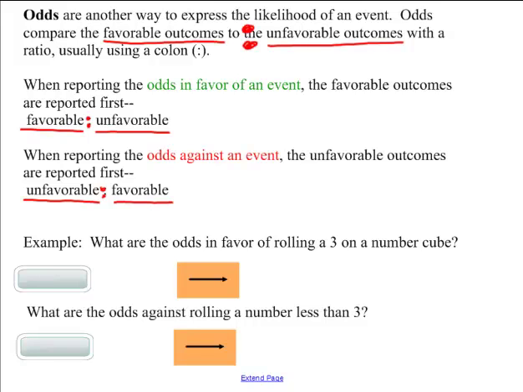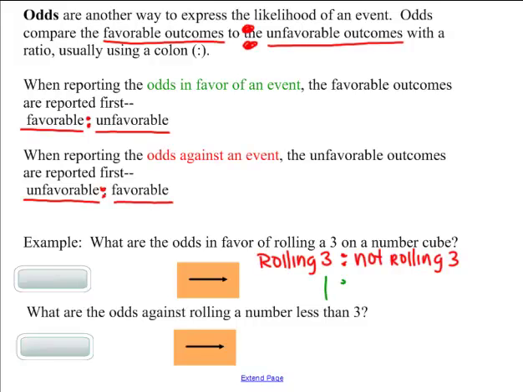What are the odds in favor of rolling a 3 on a number cube? So the number of favorable outcomes would be rolling a 3 to not rolling a 3. And remember, the total is not going to be a part of this anywhere. So how many 3s are there on a dice?